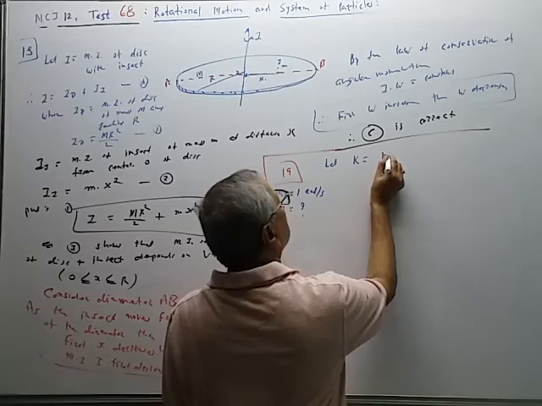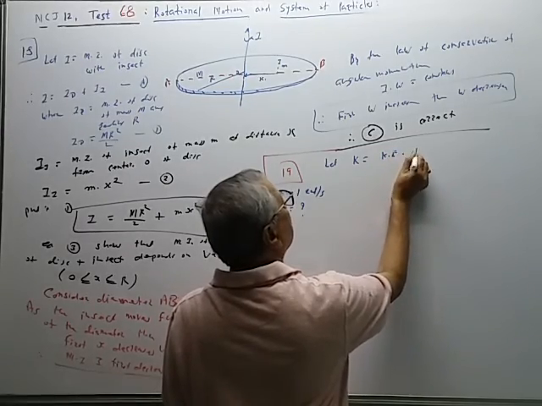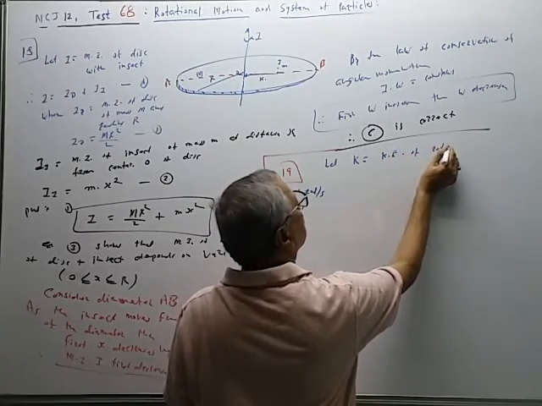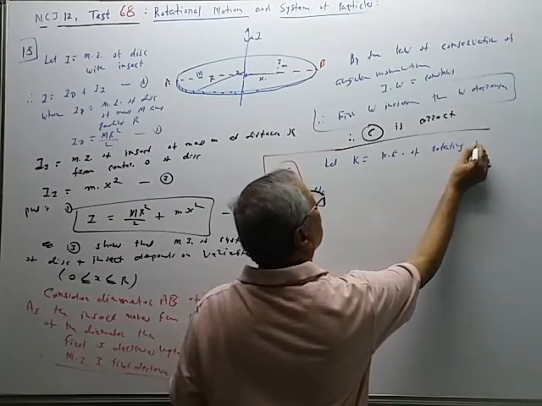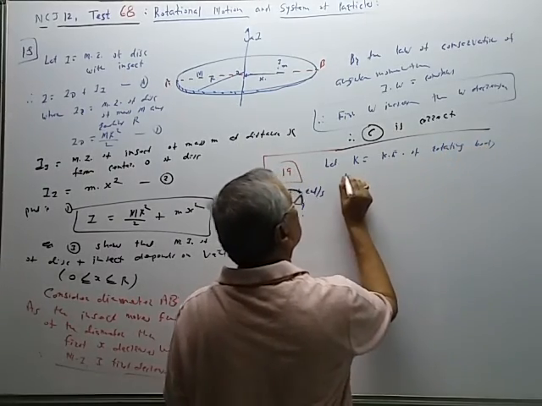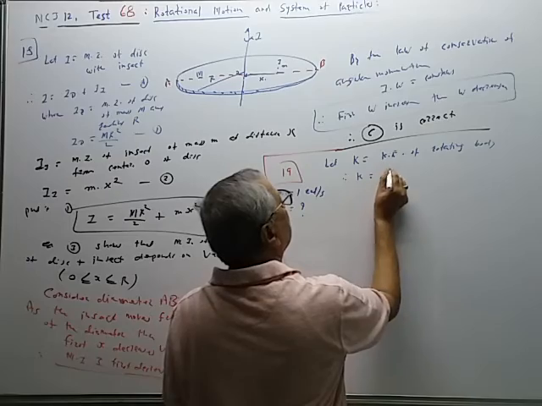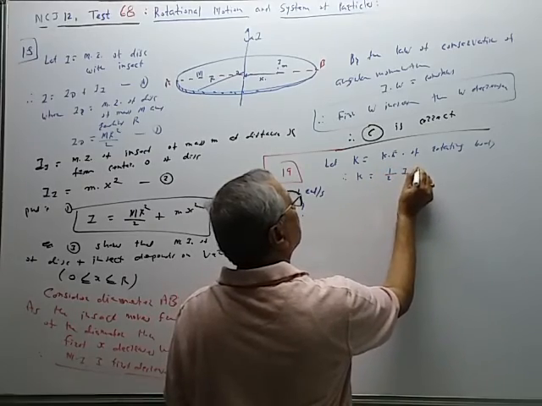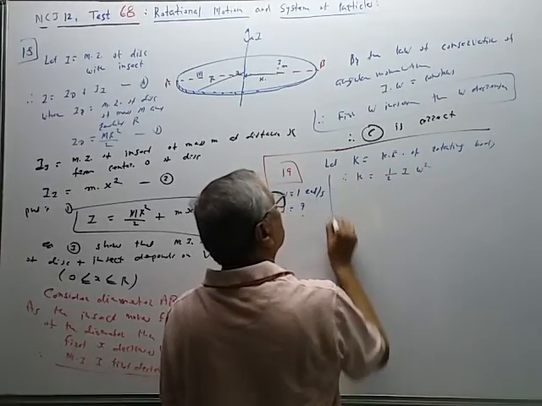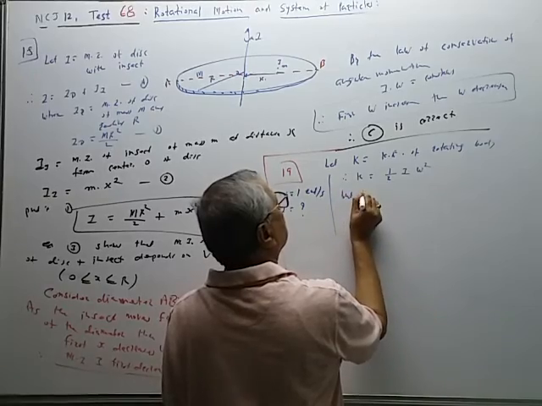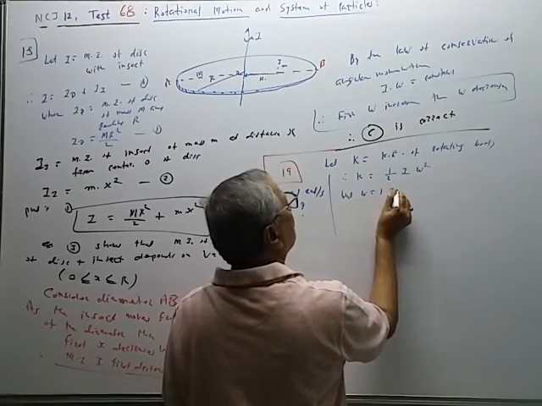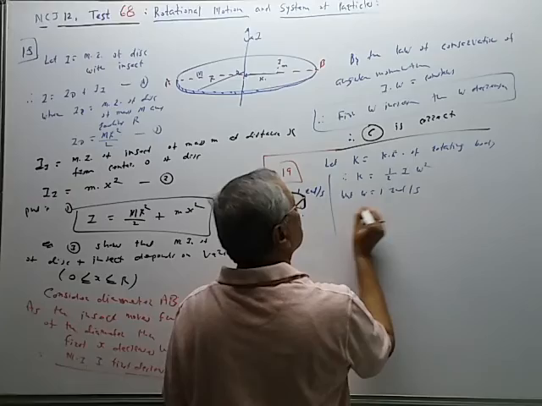Let K is equal to kinetic energy of the rotating body. Therefore, K is equal to 1/2 I omega square. But omega is equal to 1 radian per second.